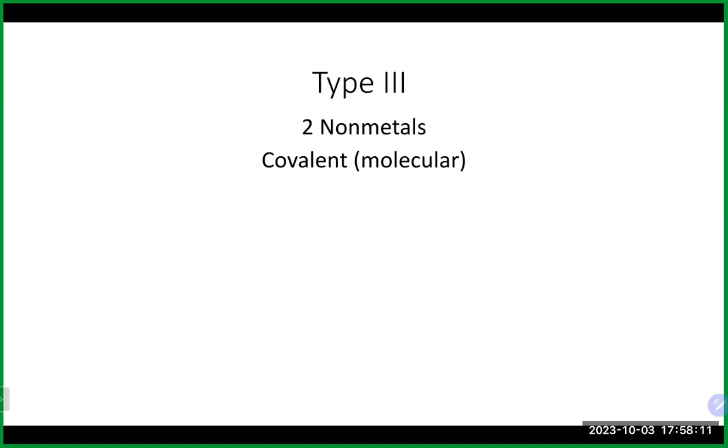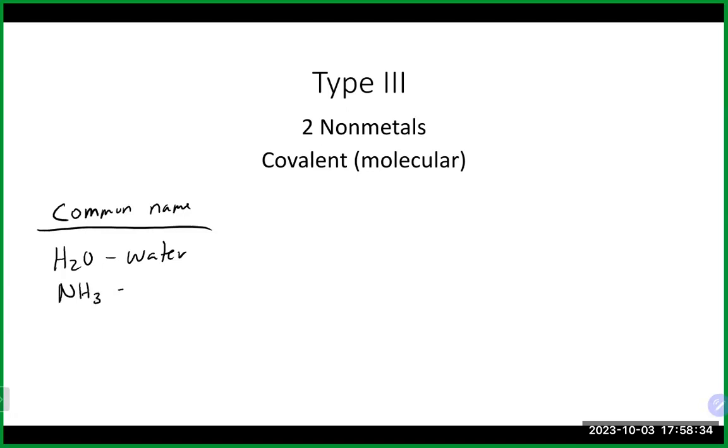We talked about it, I think, but just in case we didn't, there are certain compounds that should go by their common name, and a few of those are 2 nonmetals together. So H2O, as we hopefully know, is water.